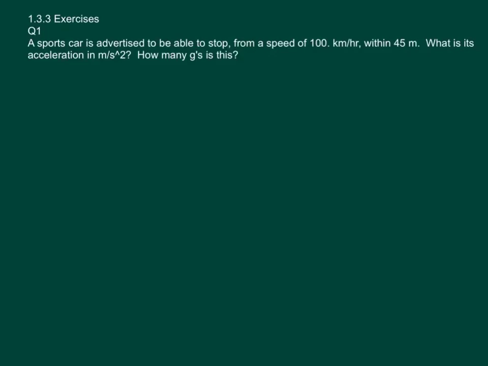Now we've been talking about the gravitational pull of the Earth, where G equals 9.81 meters per second squared. So what we do in real life scenarios is we look at the forces on the human body based on how much gravitational force there is on the body. So our body's used to 1 G, which is 9.81 meters per second squared.